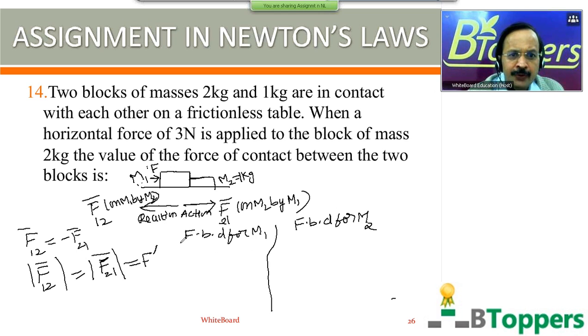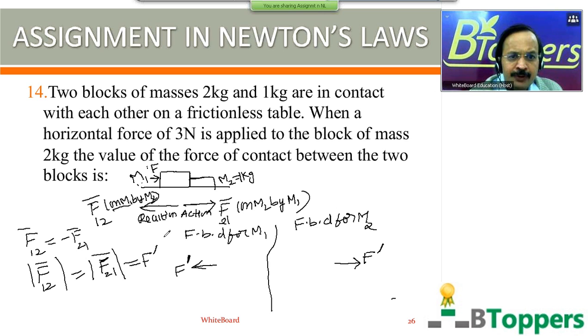So here action is the force. If you consider the contact force between the two blocks, action is the force on M2. So it should be indicated in the free body diagram for M2, which acts towards right with magnitude F dash. The reaction is the force on M1. So it should be indicated in the free body diagram for M1, which also has the same magnitude F dash.